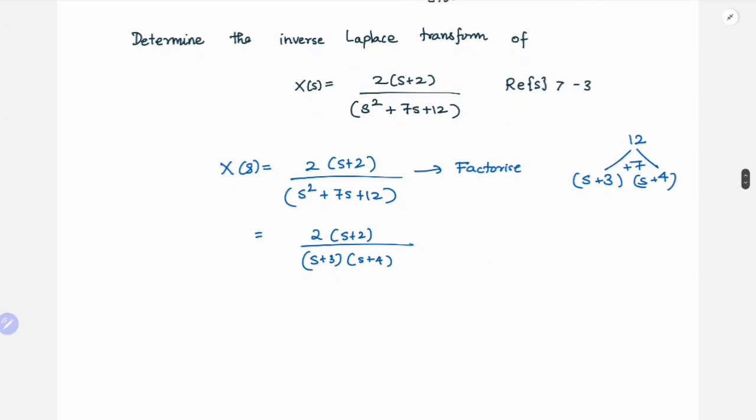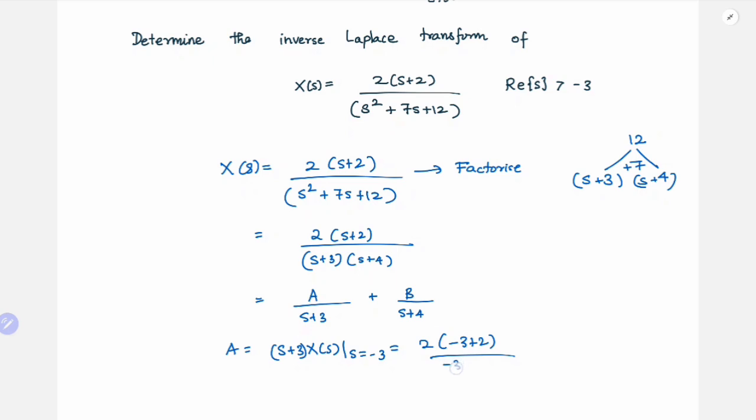Okay. So from here, we have to do the partial fraction, right? So I write A by s plus 3 plus B by s plus 4. My A is nothing but s plus 3 into X of s at s equal to minus 3. So this will cancel: 2 into minus 3 plus 2 by minus 3 plus 4, so 2 into minus 1 by 1.